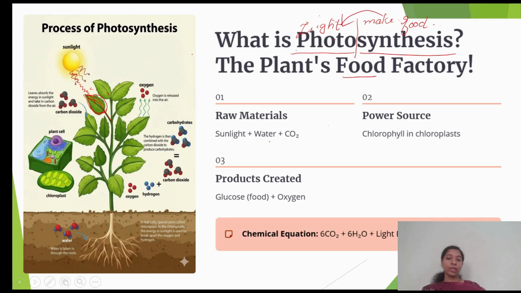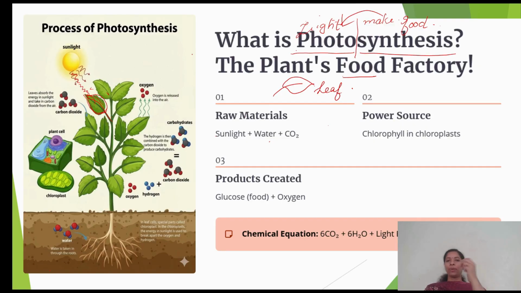And who is doing this process? The process is done by the leaves. For doing this process, we need some raw materials. Assume that you are going to make a cake, right? For making the cake, what things do you need?